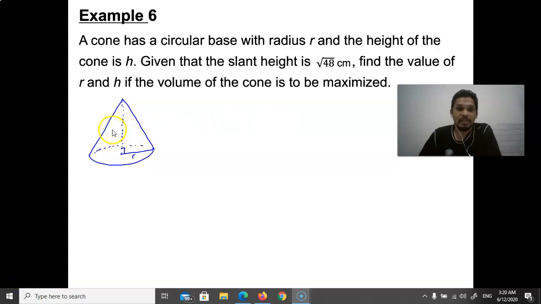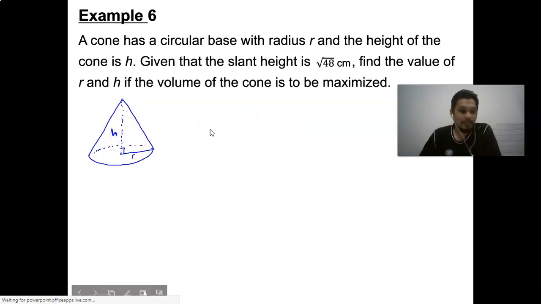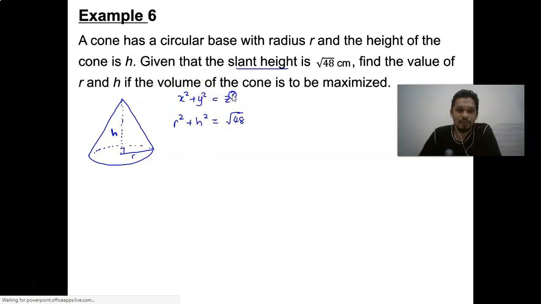And given to us the height of this one here, the slant height. Okay, so from here we can use the Pythagoras theorem of this with r square plus h square equal to this one here, which is square root of 48, from x square plus y square equal to z square.